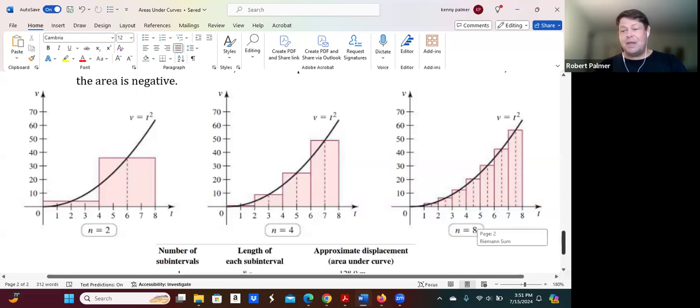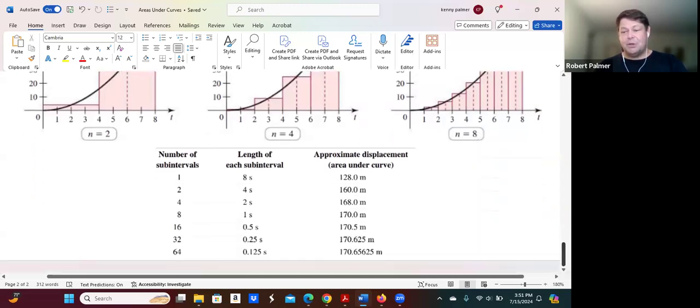This last table, once again taken from the same textbook, shows what happens to the area as I reduce the width of my rectangles and increase the number of subintervals. At 2, the one I just showed, the value is approximately 160.